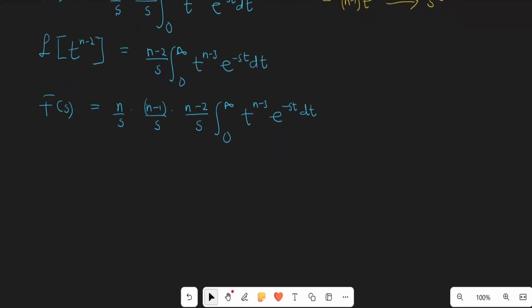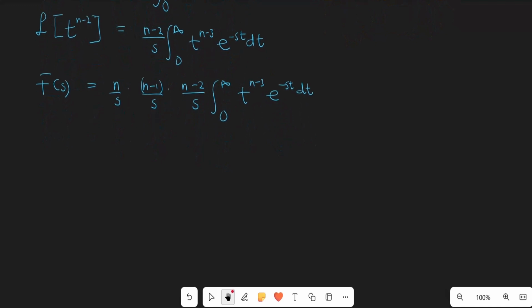So we can keep doing this using integration by parts. We continue to do this until the power of n decreases to 0. So we continue doing this until this power runs out to 0, t raised to the power 0, right?